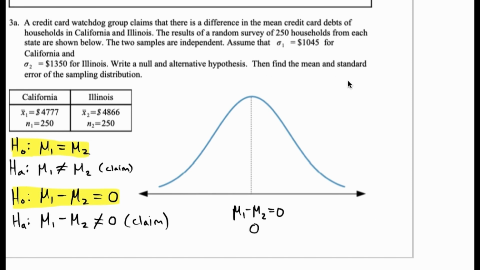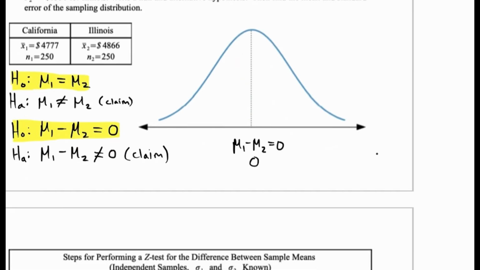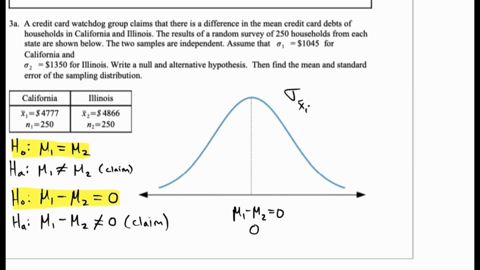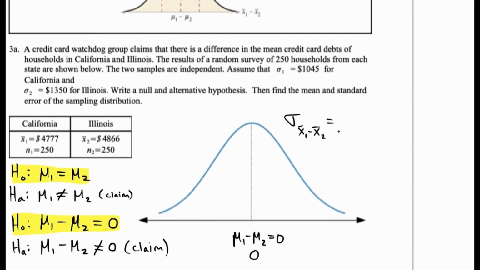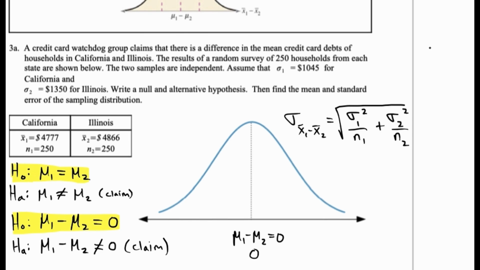Now it says, find the standard error of the sampling distribution. So the standard error has a formula above. That is the standard deviation of our sampling distribution for differences of the means. It's going to be the square root of sigma 1 squared over n1 plus sigma 2 squared over n2. And we just have to plug in.